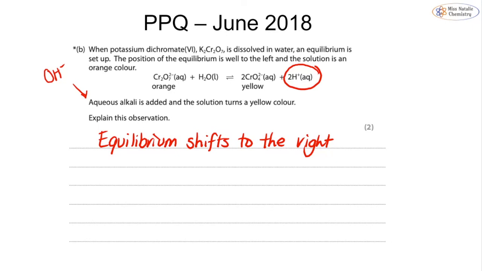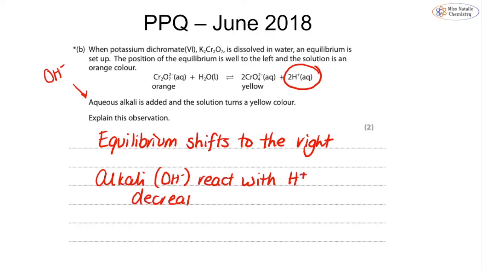And that is exactly why our equilibrium is shifting, because as the hydroxide reacts with the hydrogen ions, they are decreasing in concentration. So we can say the alkali, or the OH minus ions, react with the hydrogen ions, and that decreases their concentration.